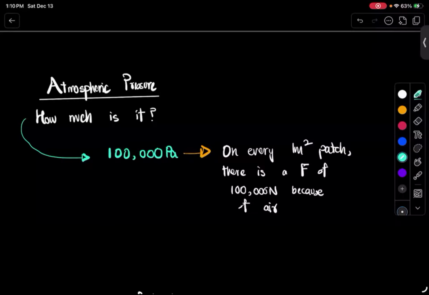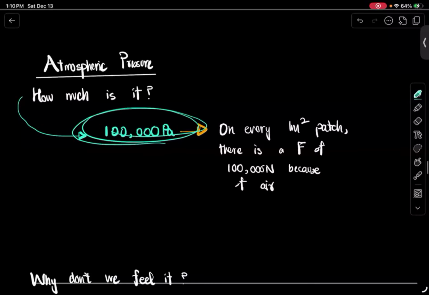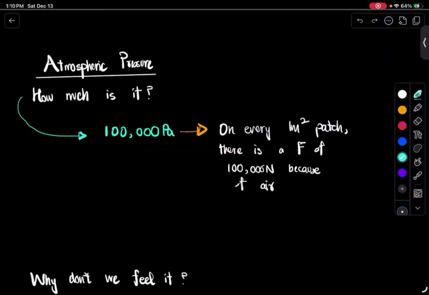Why? Because all of the particles are jiggling around in random directions, and gravity is also pulling air down towards the earth. So that means when you're standing, there is a weight of all of the air above you, just like in the sea, right? So you could imagine that this is the value of that force on you.